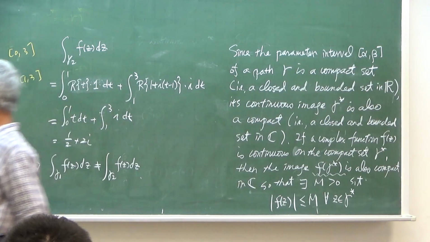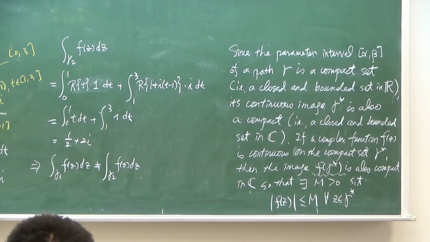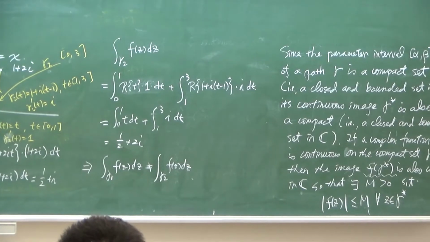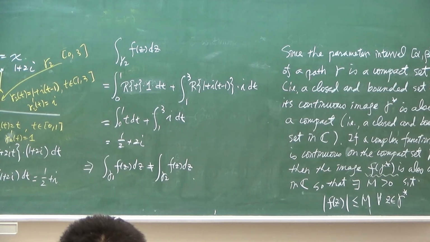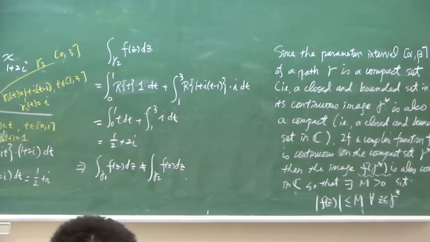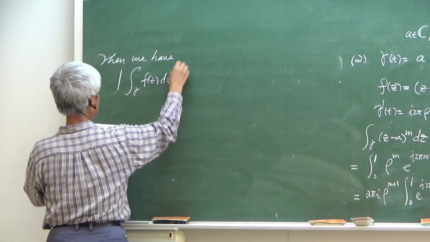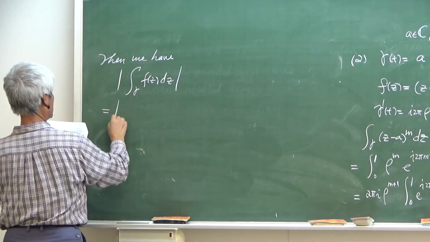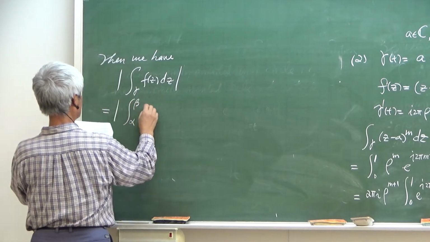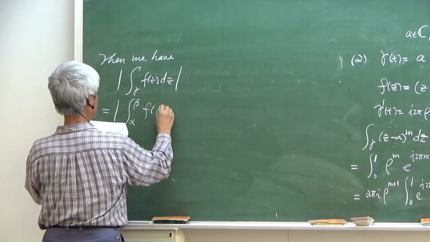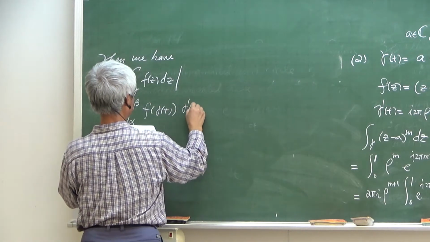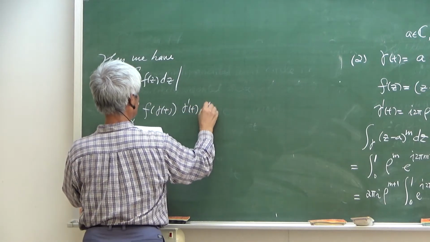When we find the M, we now evaluate the line integral to approximate. So we have the integral over gamma of f(z), which we know is the integral from alpha to beta of f(gamma(t)) gamma prime(t) dt.